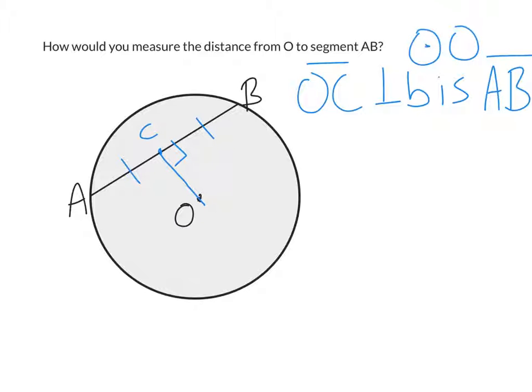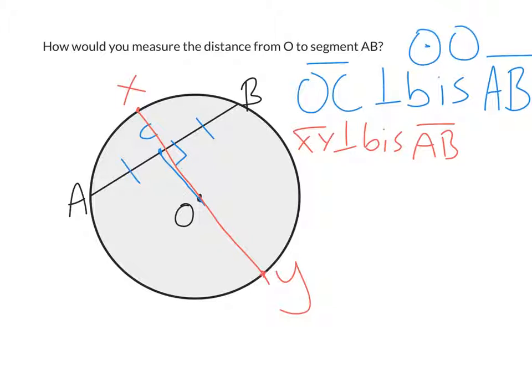All right. And we could actually think about that backwards. If I said, hey, this segment, let's say segment XY, perpendicularly bisects AB, then it goes through the center.